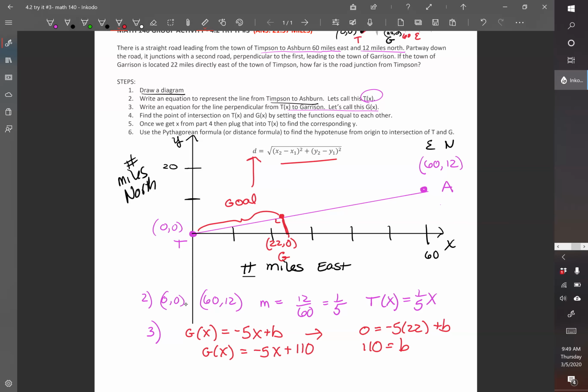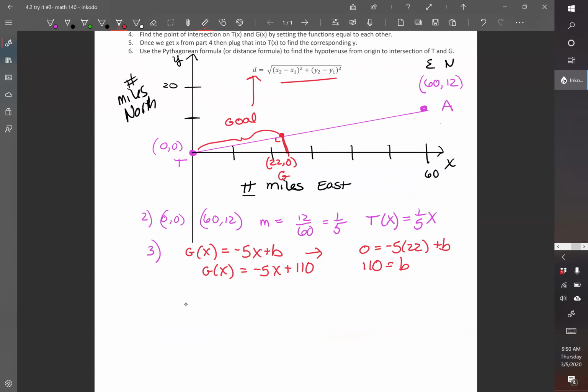Once we get that, then we have 2 equations. To find a point of intersection of them, we can just set them equal to each other. So we're going to set T of X equal to G of X, and that will give us 1/5 X equals negative 5x plus 110.